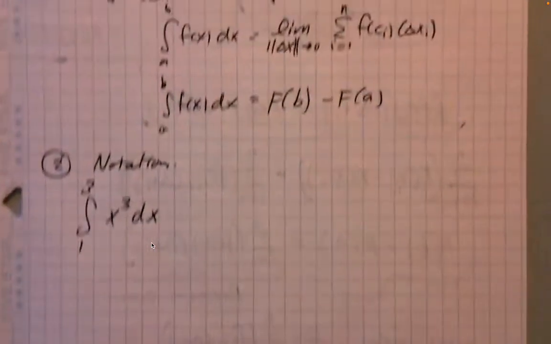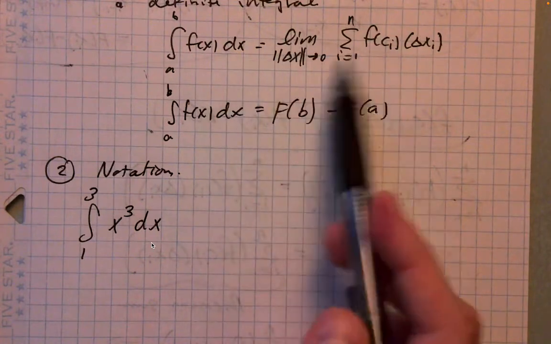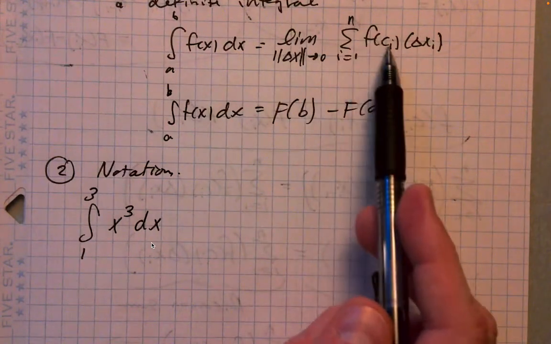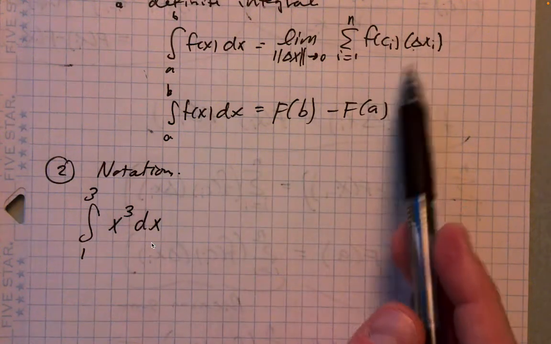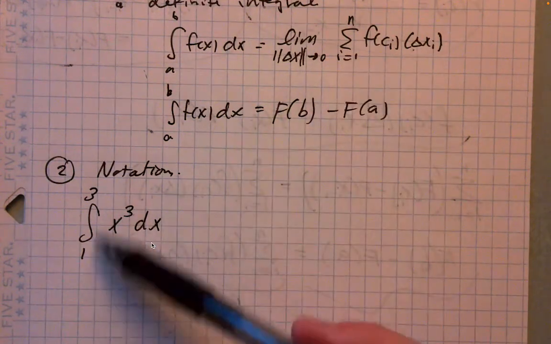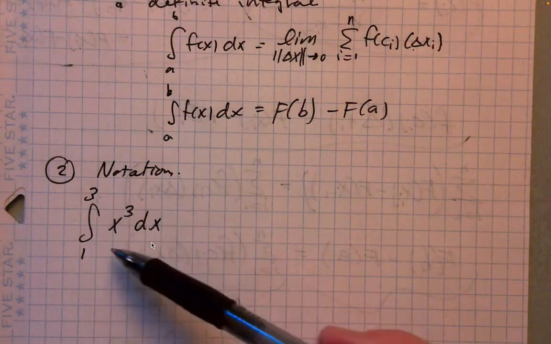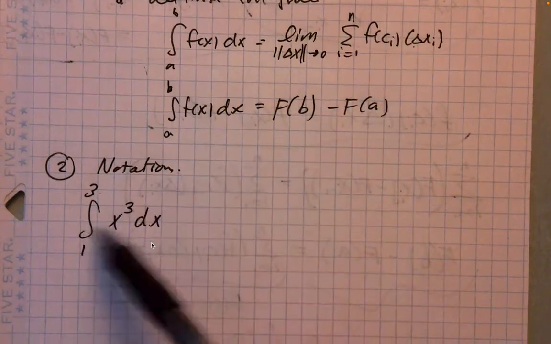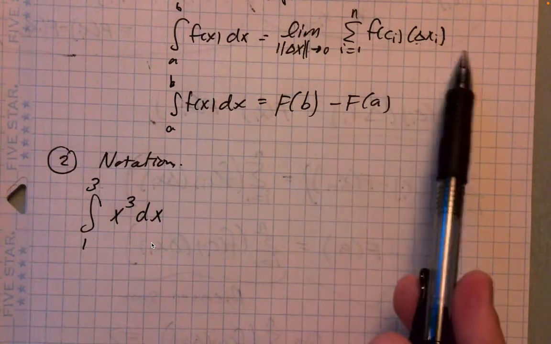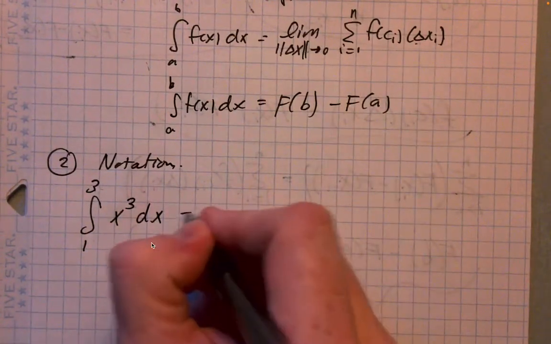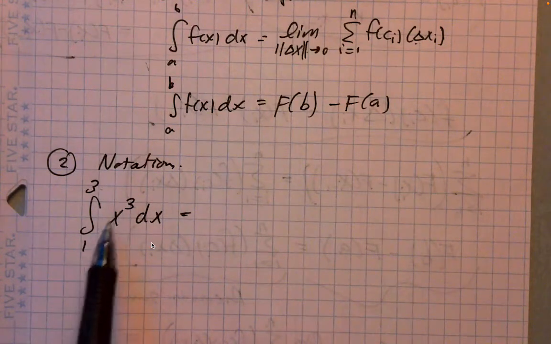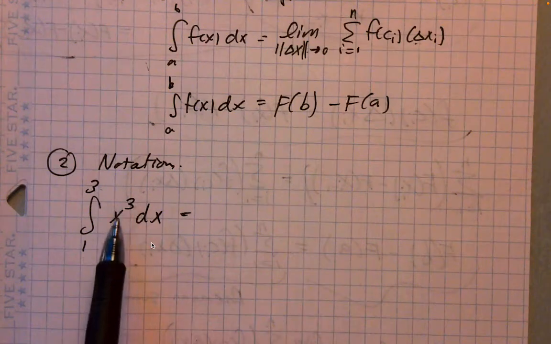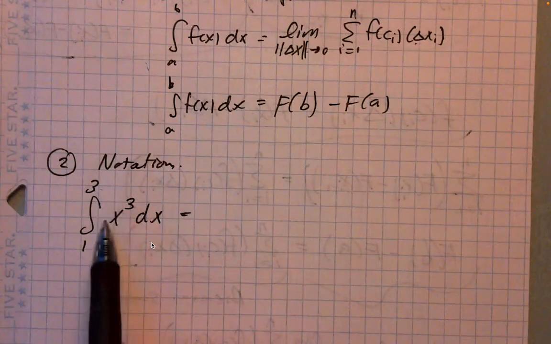Again, previously we would have to have gone through this method here, where we figure out what a ci is, we plug that in, cube it, and then we figure out what delta xi is, which is basically the bounds divided by n. So we would have been able to do it, but it would have been a little bit of a lengthy process. But we do know, if we think of this as an indefinite integral, we have a nice, concise formula for how to identify the general family of antiderivatives of x cubed.